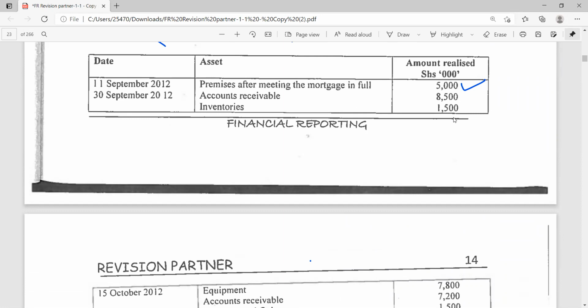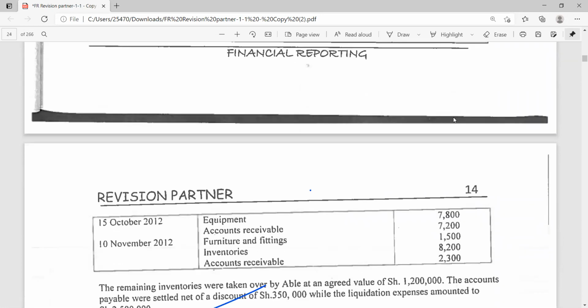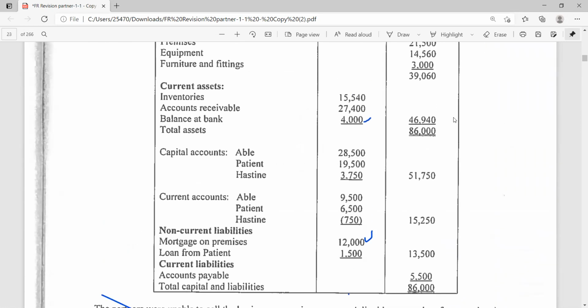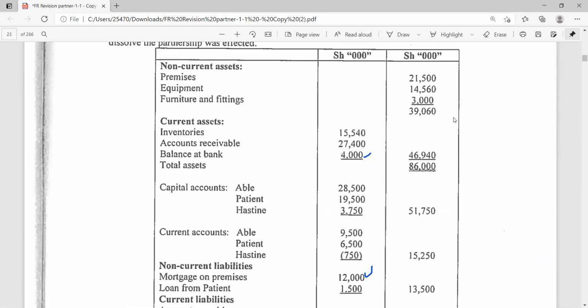So 1500. So if you take 1500 plus 8200, what are you getting? 9,700. And you see our inventory was 15. The inventory is even more. Okay. Understood.